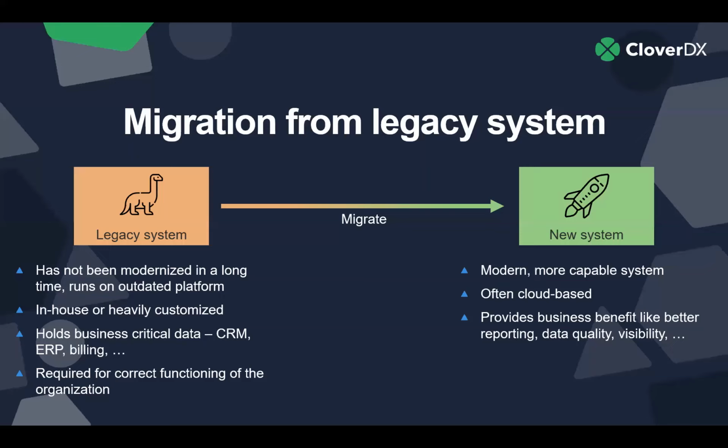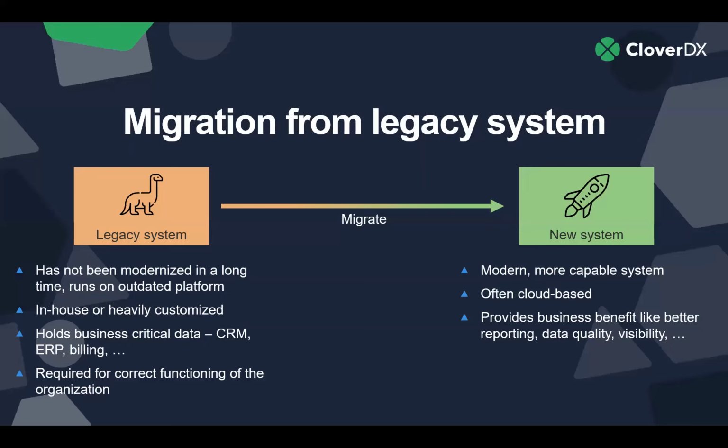And typically you want your new system to provide you business benefits so that you can get better or faster reporting, better data quality, better visibility of your business so that you can operate faster, which generally is the main reason for this, since the business now moves much faster than it used to many years ago, and many of the older systems cannot really keep up with the demands of modern business.